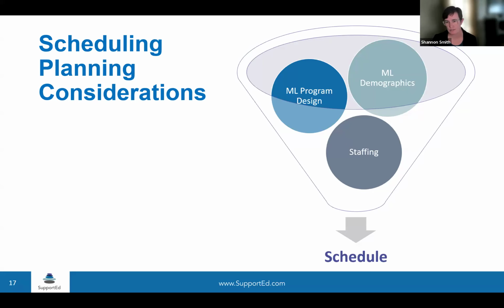First is our demographics. Then that program design that we unpacked a little bit. And exactly what you all shared, your staffing. Because how we look at these considerations greatly impacts how we can ensure that balance between program design and scheduling and ensure we're effectively leveraging our human resources. Because I think that's a piece that often gets forgotten. How do we utilize the people that we have?